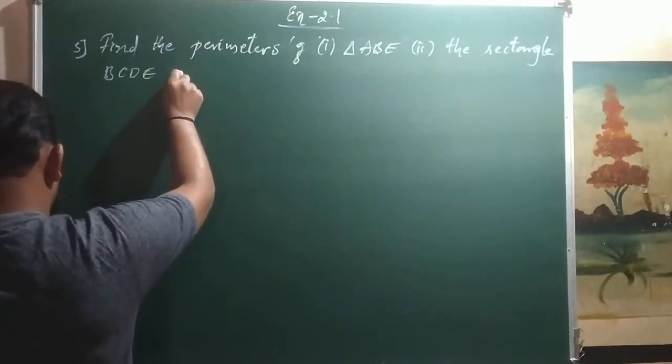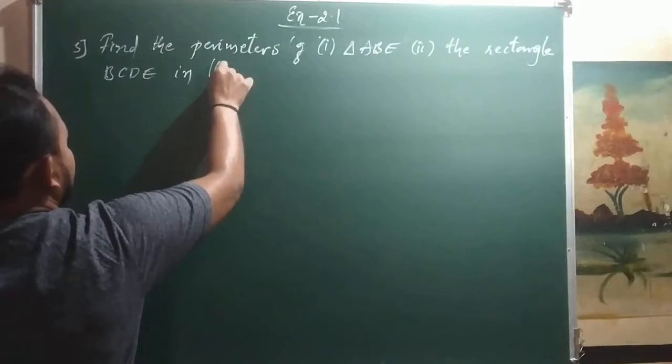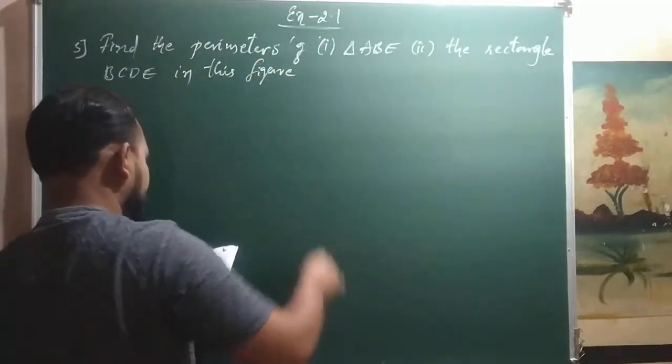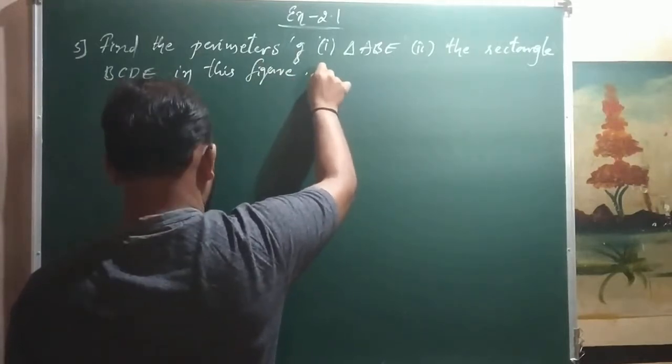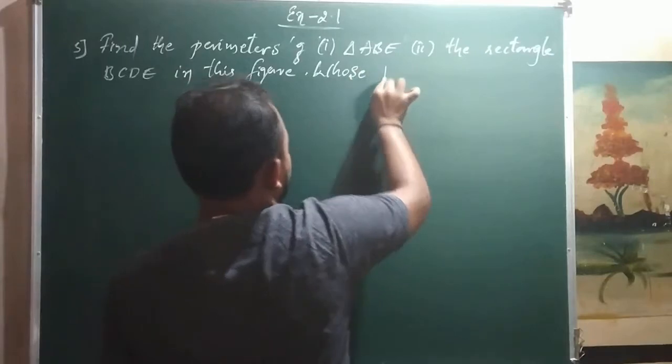In this figure, whose perimeter is greater?